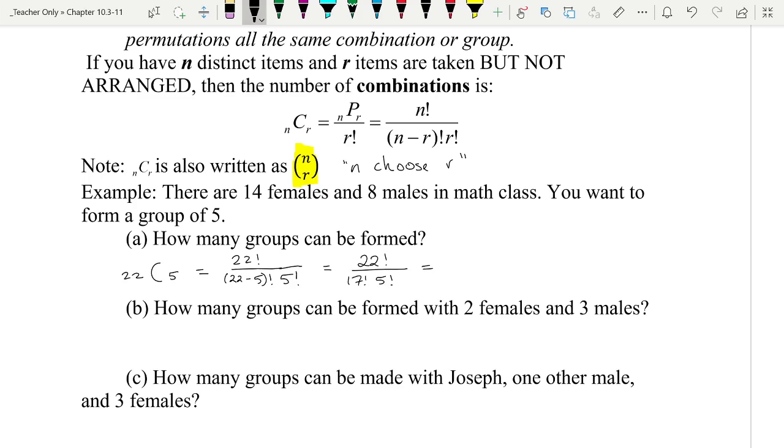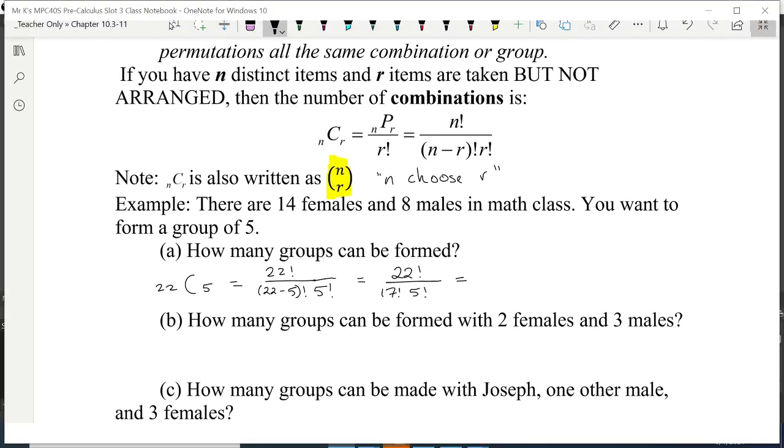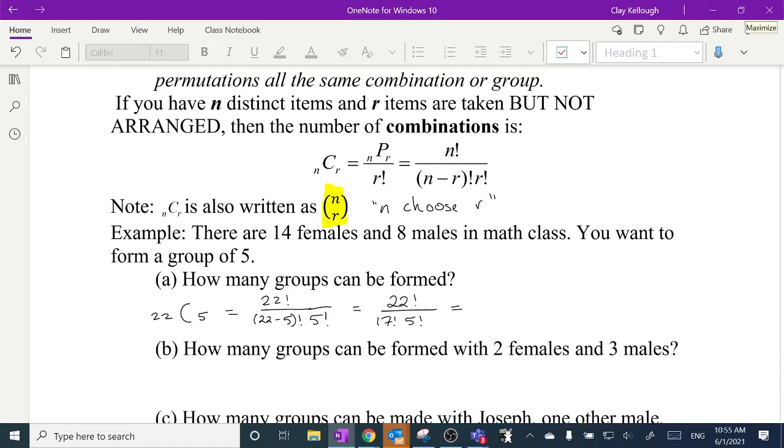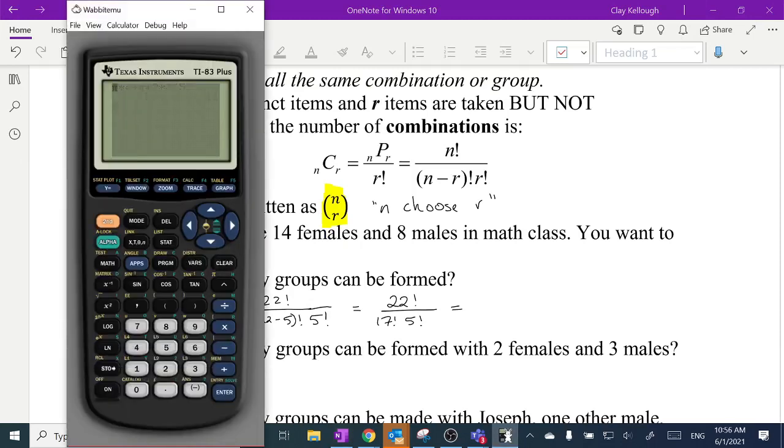And then you can punch buttons. On my calculator, I will go 22, math, probability, 4.